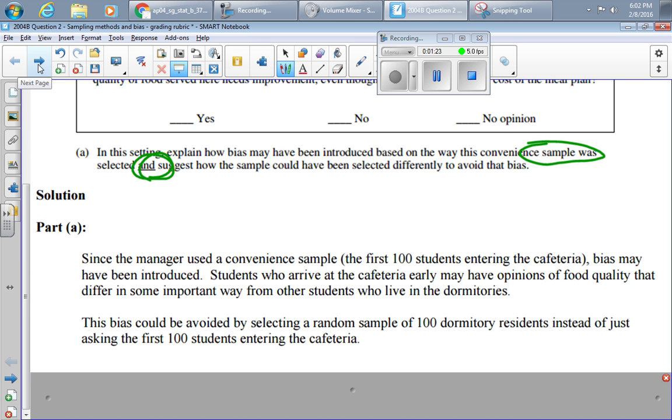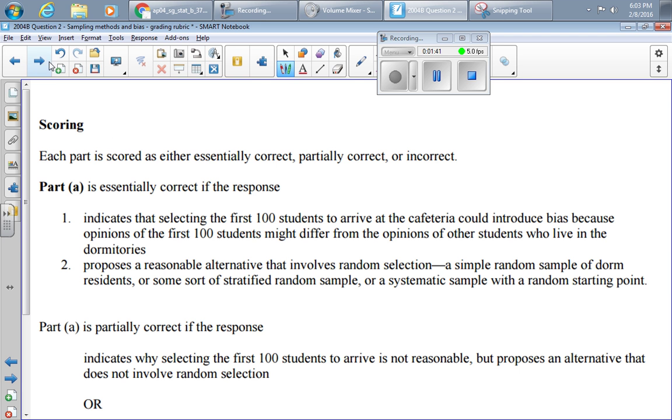So here's the rubric for actually grading it. Now, you'll notice down at the bottom of the page, there's a place for your name. If you're the grader, put your name on there. And for each part, it says E, P, or I. What that means is, did you get it essentially correct, partly correct, or incorrect? For an essentially correct response on part A, we've got to talk about how these students could introduce bias because the first 100 students may have opinions that aren't the same as everybody else.